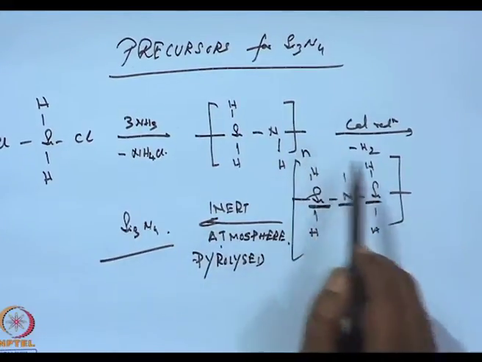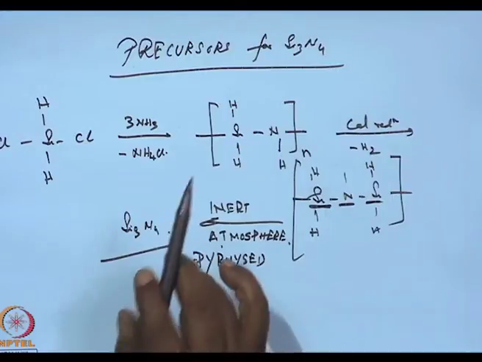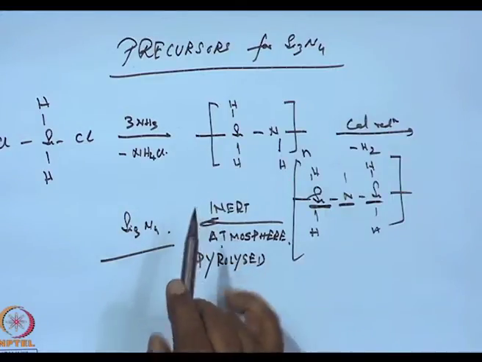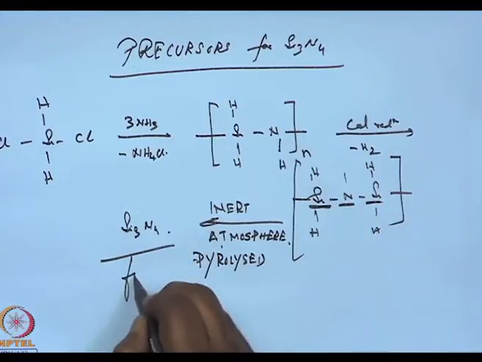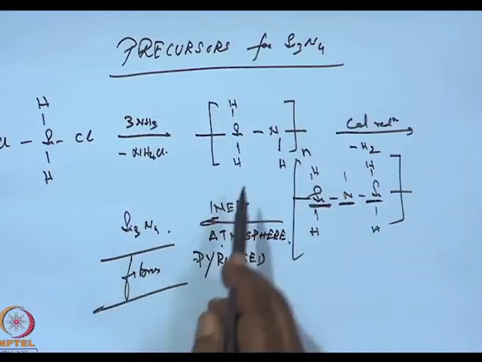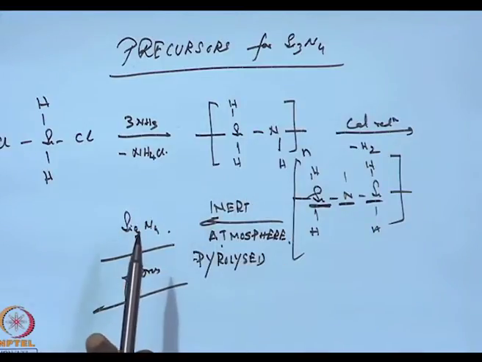Since this polymer is soluble, getting silicon nitride fibers has also been made possible due to the very fact that this polymer is soluble.